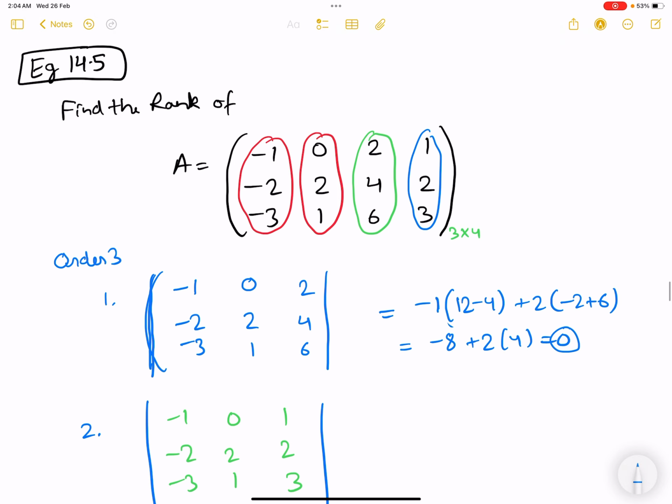So if in order 3 one of the minors is not coming out to be 0, then the rank of the whole matrix is 3.